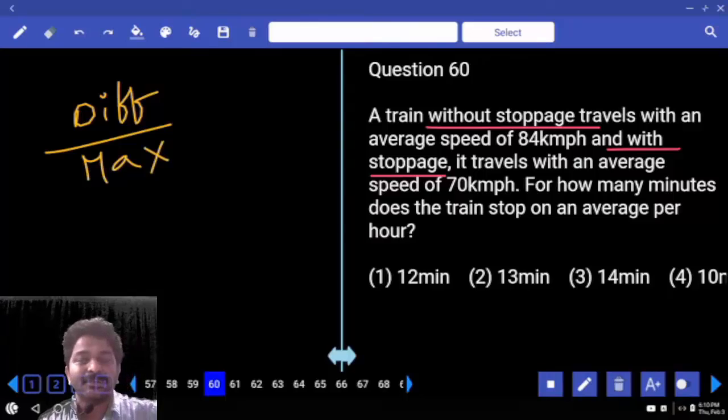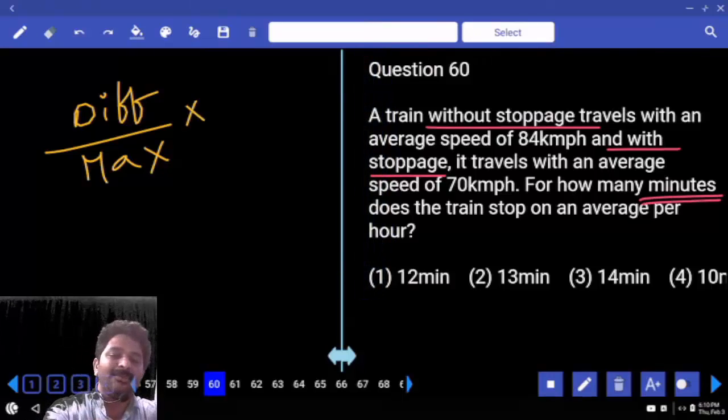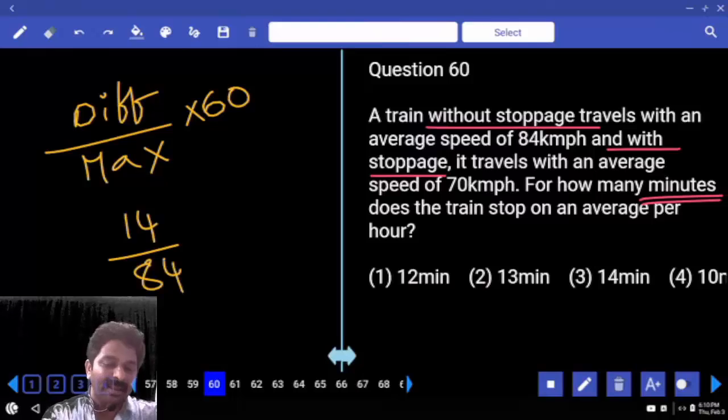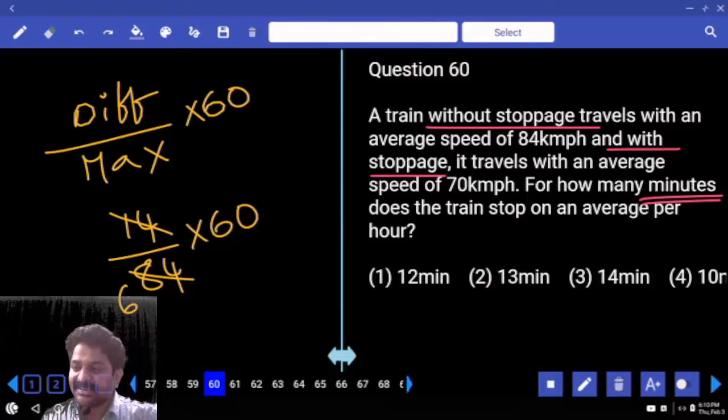That gives you stoppage time in hours, but we were asked to calculate in minutes. So to convert into minutes you have to multiply it by 60. Difference is 14. Maximum speed 84 into 60. 14 by 84 is 1 by 6, 60 by 6, 10 minutes, fourth option is the answer.